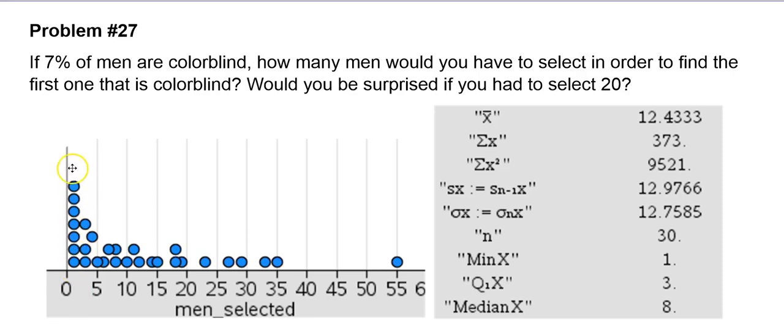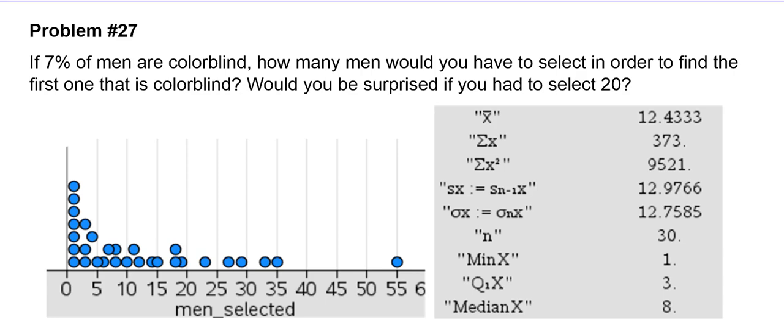My guess is this column represents 1 or 2 men needed to get the first colorblind man, and then larger numbers after that. I think I would have expected a few more in this area rather than this area, but this is what I got. Anyway, we can still interpret it whether or not the simulation was done perfectly right by the two students I picked. I think this will still illustrate what I want to illustrate.